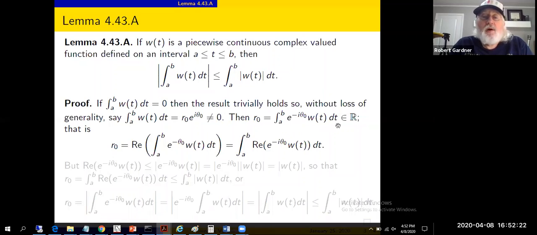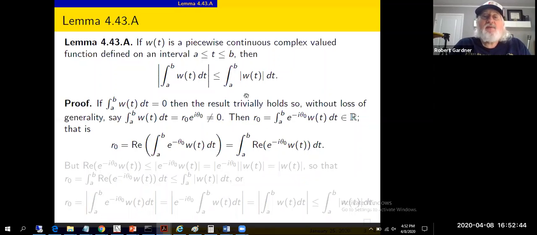All right. Well, r sub 0 being the real number and being the value of this integral, r sub 0 equals the real part of this integral. Actually, we know that integral is real, so we've got that holding. And the real part of an integral is the integral of the real part.